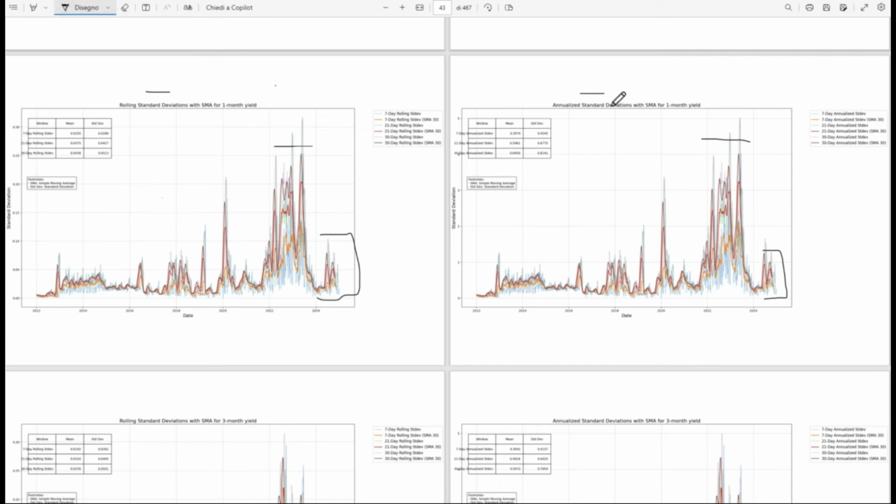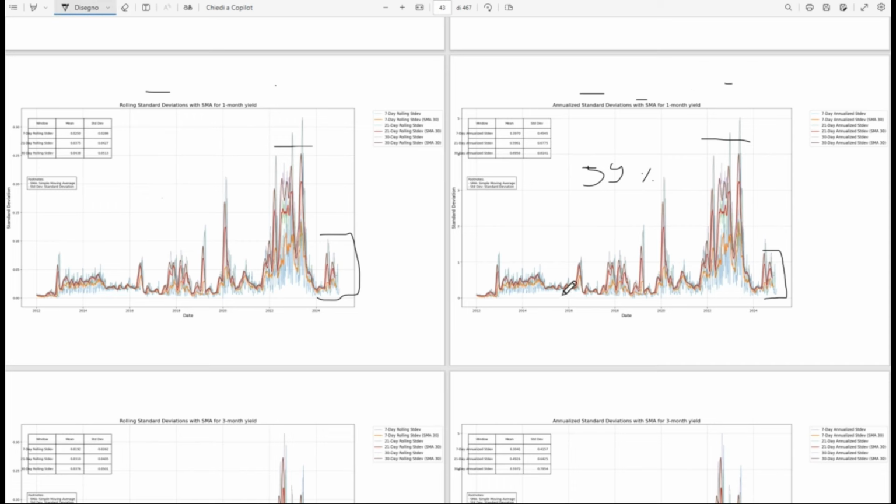The annualized standard deviation every 21 days is 59%. This is annualized, so the parameter is multiplied by 252, the market days in a year, which are not 365. Monday to Friday in a calendar year is roughly 252 days.